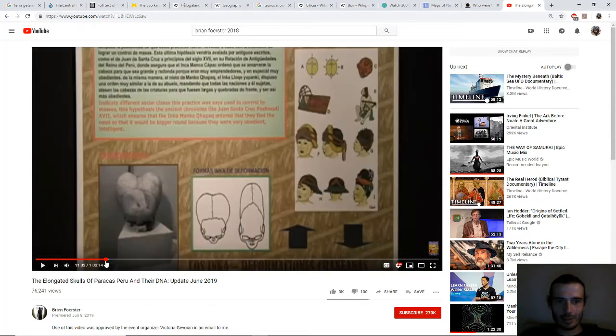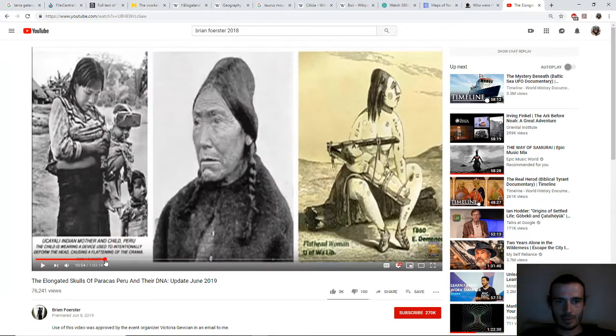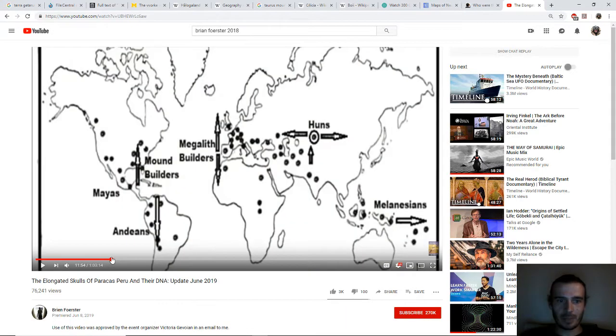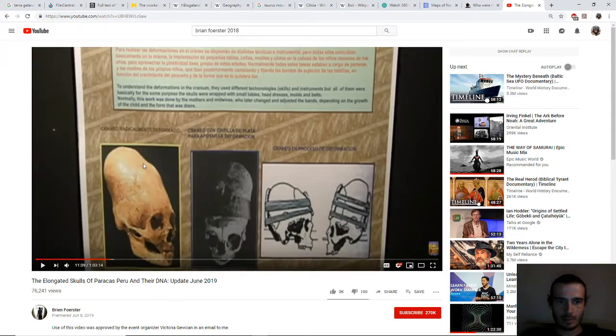These skulls, this is head binding. This is head binding. Okay? These are not elongated skulls. These are people or cultures trying to mimic these skulls. If you look very well at this skull, this is natural.